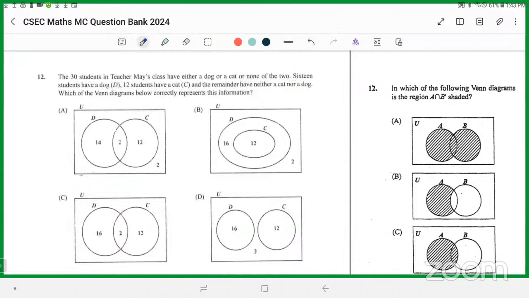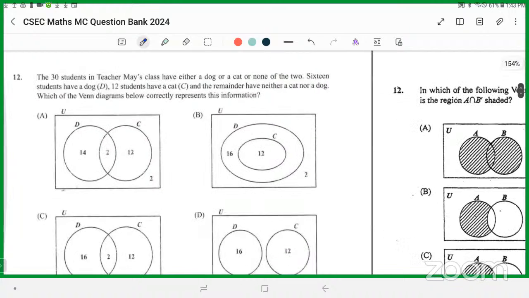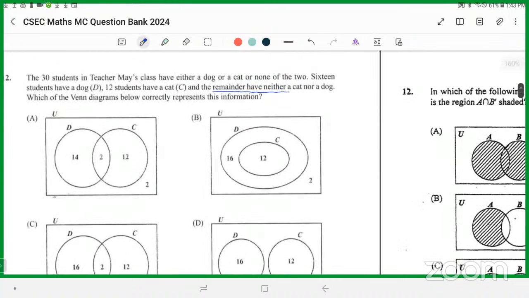It says 16 have dogs, 12 have cats, and the remainder has neither. So this one gives you some other information. Since the remainder have neither, it means that they're disjoint.